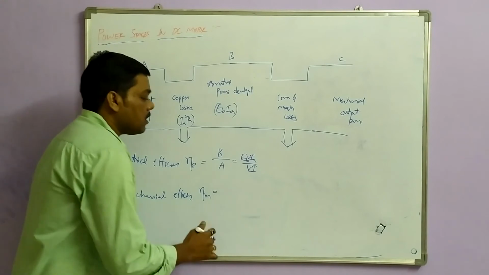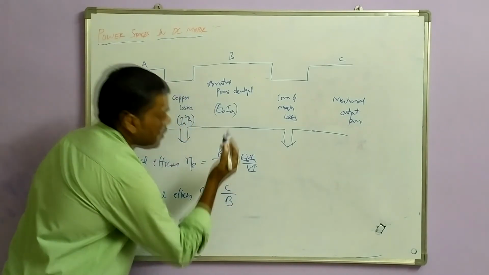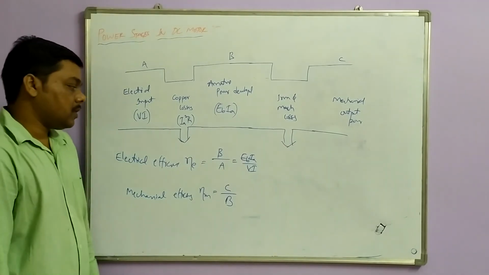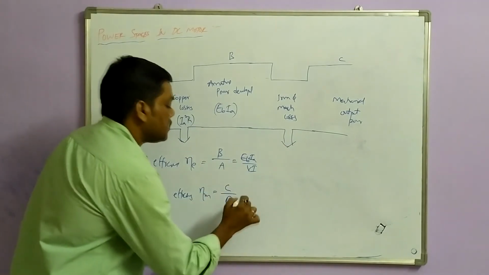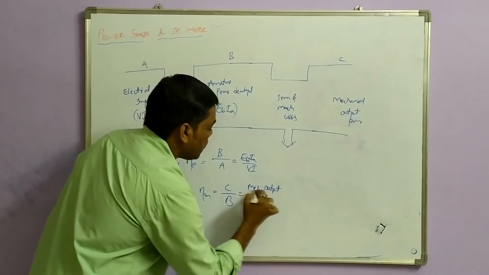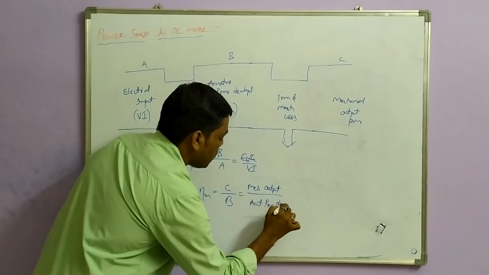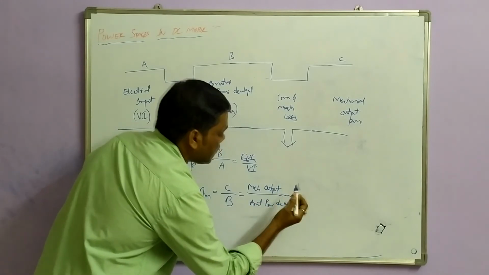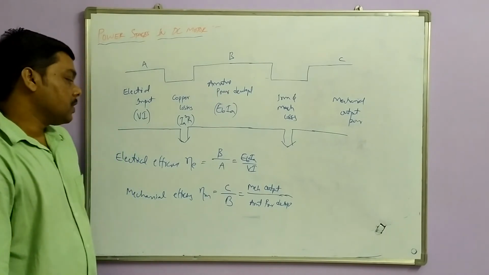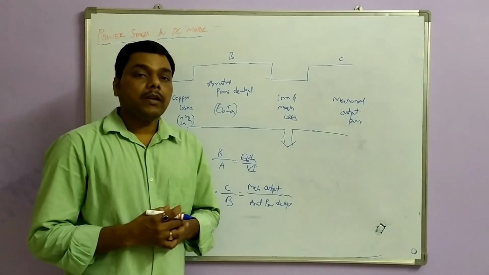Now the mechanical efficiency is output power by armature power developed. Now you can see here C by B is nothing but mechanical output divided by armature power developed, nothing but power developed in armature.